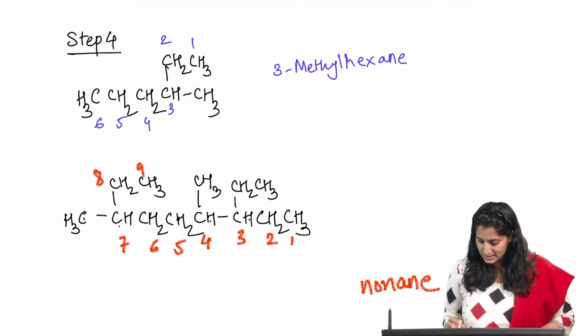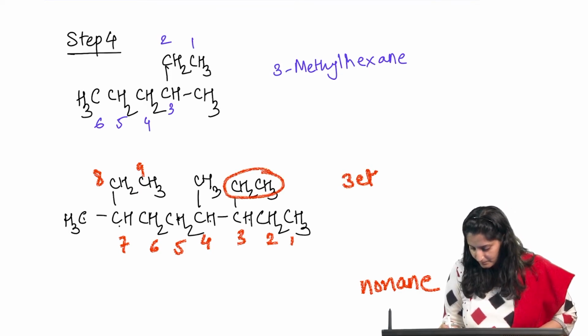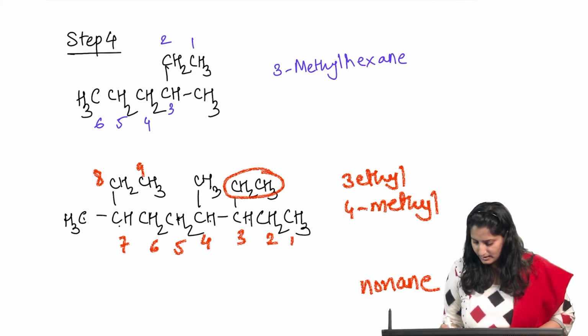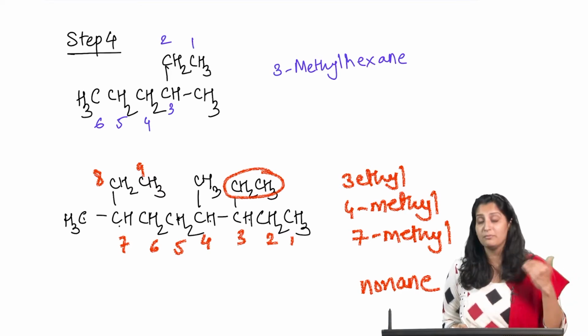And now, what you can see is I have a substituent at position 3, which is 3-ethyl. I have a substituent at position 4, 4-methyl, and then a substituent at position 7, 7-methyl. Okay. So, if I want to write down a continuous name of this particular thing, I go alphabetically.